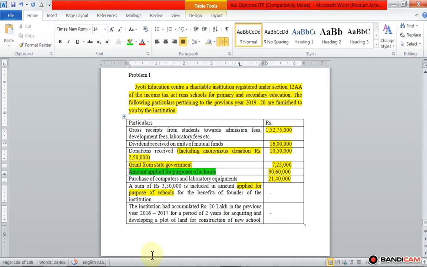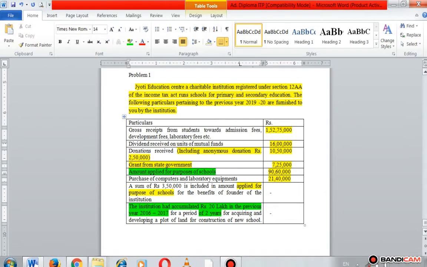Then the institution had accumulated rupees 20 lakh in the previous year 2016-17. So here the trust made a provision of rupees 20 lakh in previous year 2016-17 for a period of 2 years, for acquiring and developing a plot of land for construction of a new school.